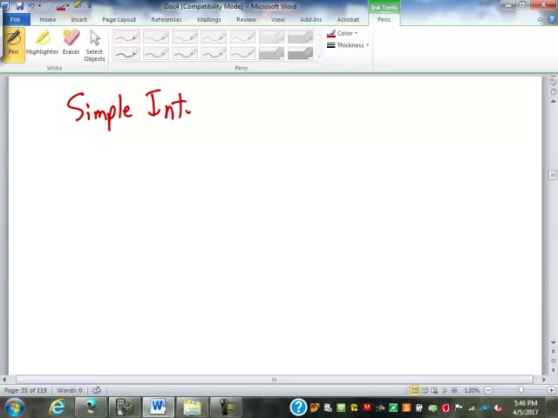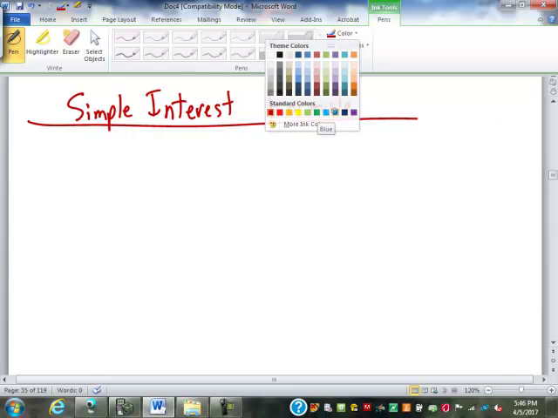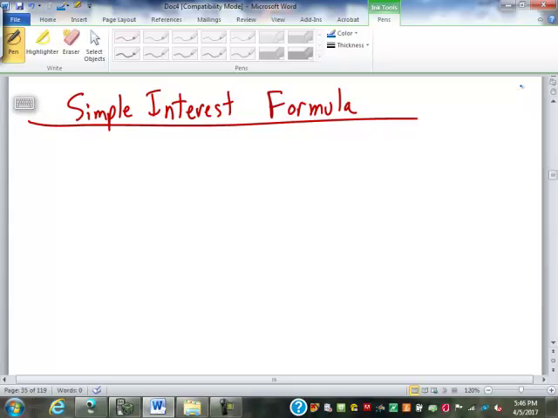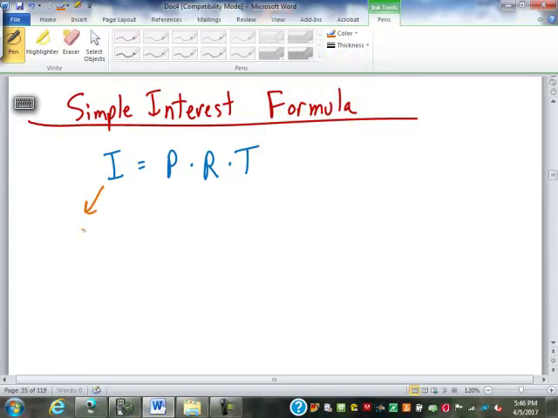So we're going to look at the simple interest formula. And this simple interest formula applies to both types of notes, but it's worded a little bit differently for the discount note. Here we're going to look at the simple interest note: I equals P times R times T. Usually we just say I equals PRT for short. I is the dollar amount of the interest.